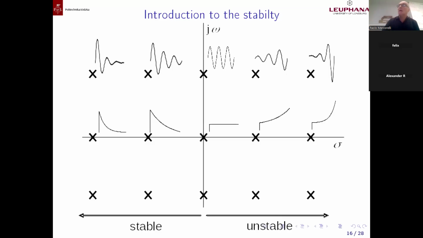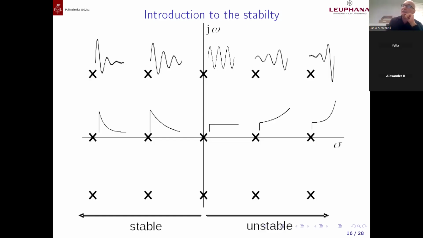On the left, we have asymptotic stability with and without oscillations. This means if I have the imaginary part not zero, plus minus j omega, we have asymptotic stability but with oscillations, because the real part nevertheless is negative.